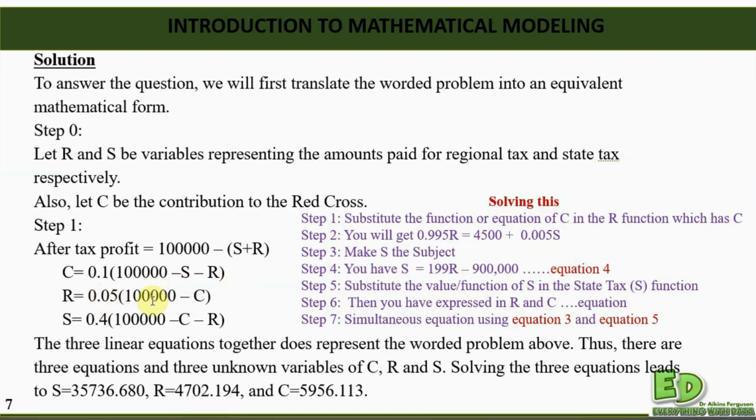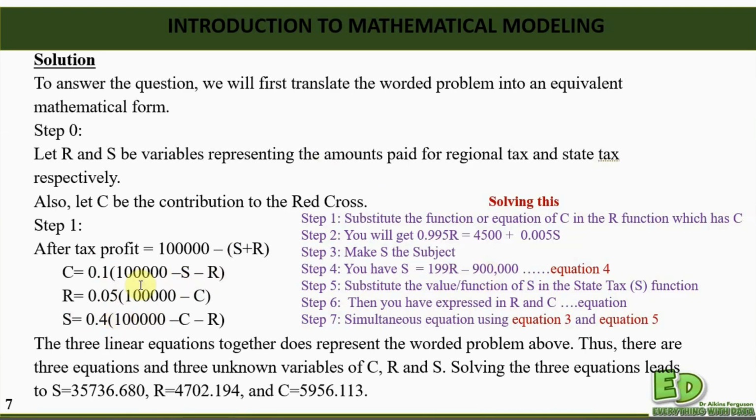So that is what we have here, just represented mathematically. So after tax is 100,000 minus your state tax plus the regional tax. The contribution is 10% of the after tax profit to the Red Cross donation. That's what we have here mathematically, and then this is 5%.